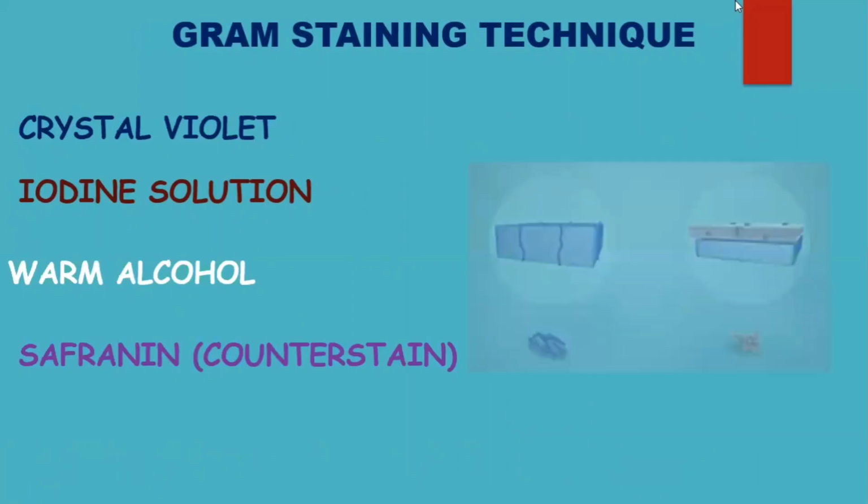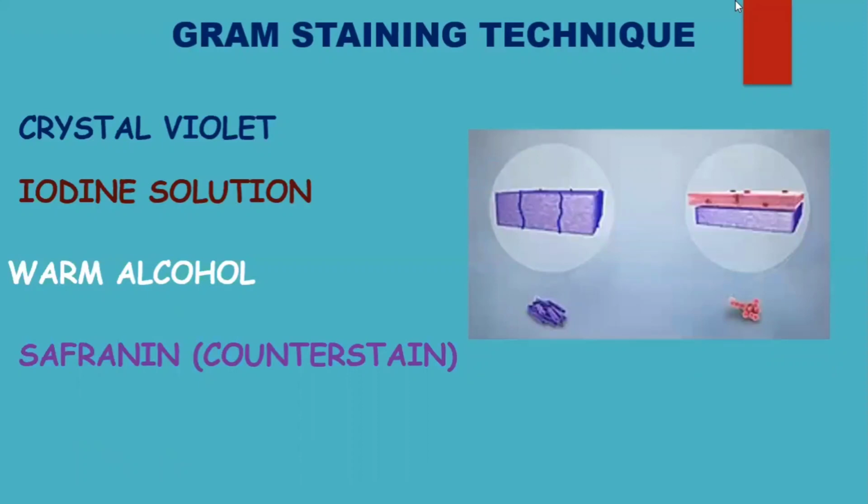After doing so, if you find the bacterial cell has a dark color, then definitely it's gram positive. If you find that it has a faint violet color or light pinkish color, then it is gram negative. Now why does it happen? Because of the difference in the chemical composition of the cell wall. So let's try to understand what it is.